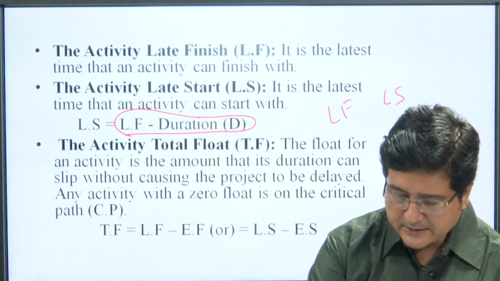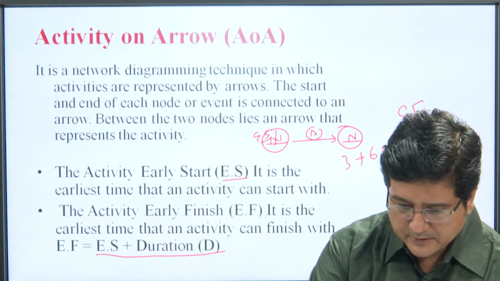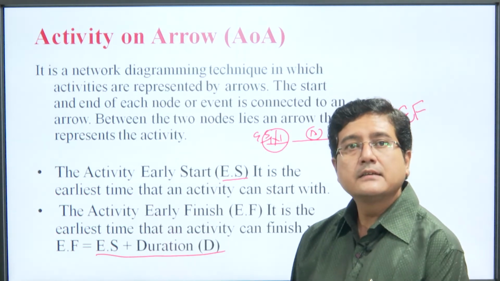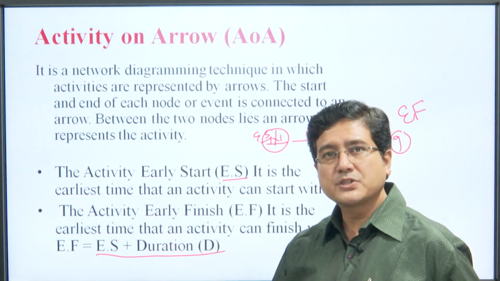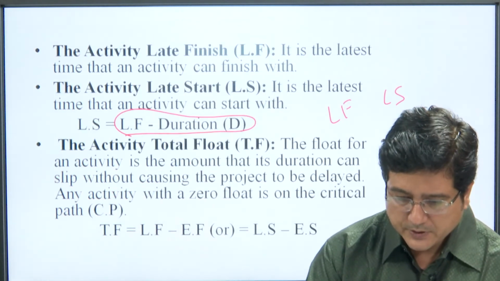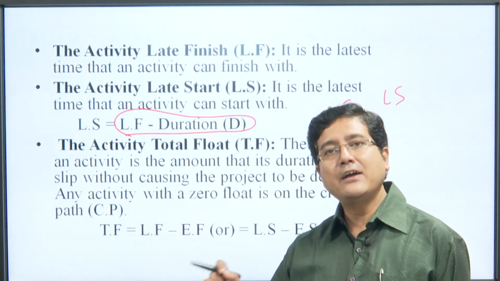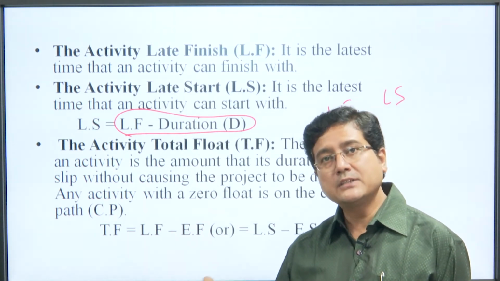In the previous slide, EF equals ES plus duration, but here LS equals LF, late finish, minus duration.